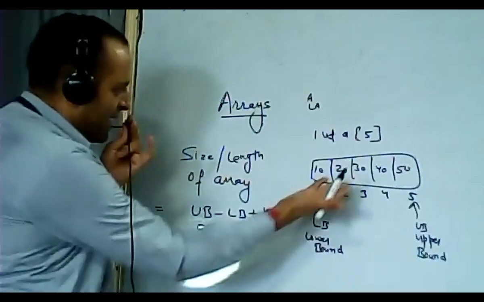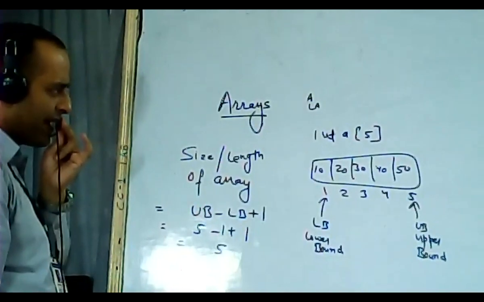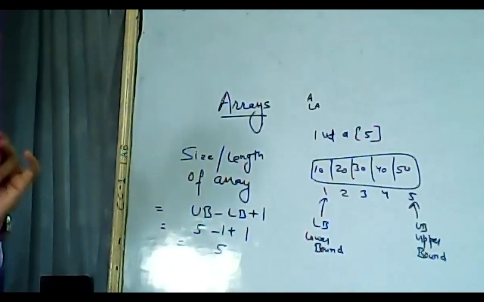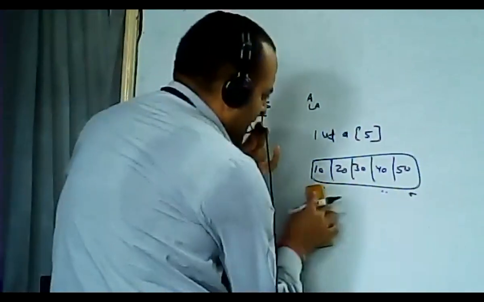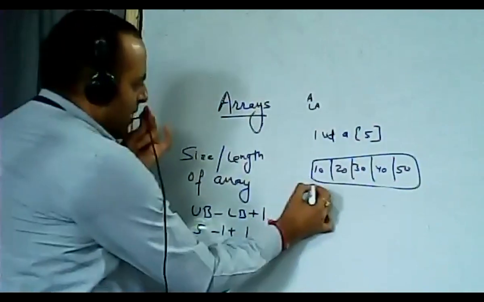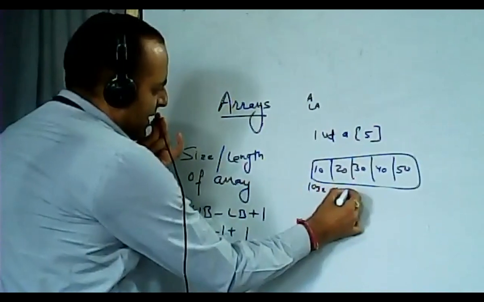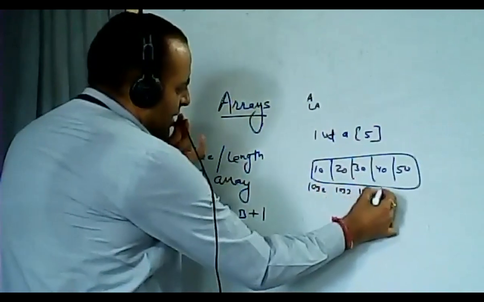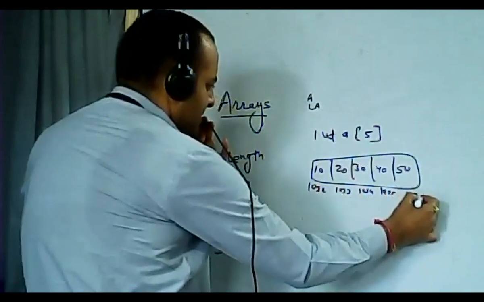Now you will say, sir, what kind of funny numerical is this? We can see this array has 5 elements. But what if the index is not 1 2 3 4 5, but suppose 1932, 1933, 1934, 1935 and 1936.